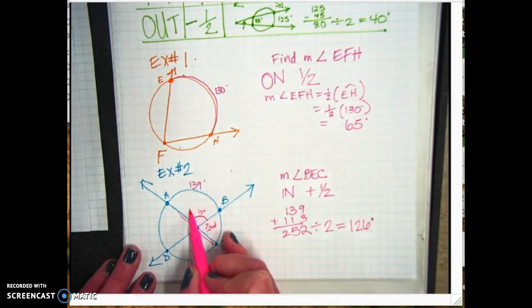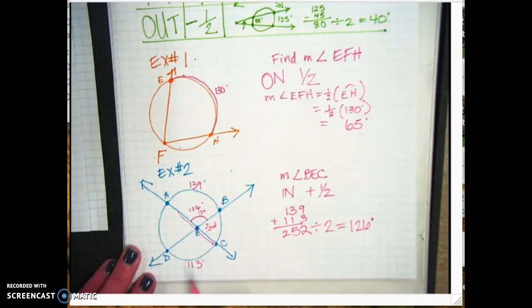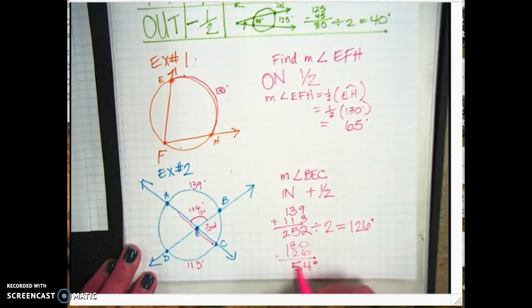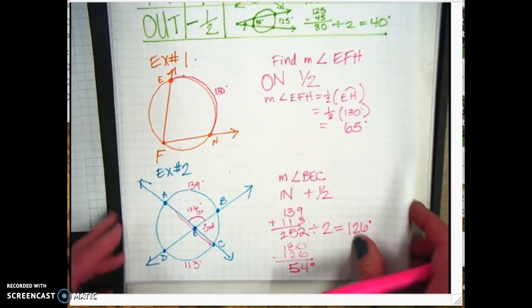Okay, so this angle right here is 126. So now we actually need to get the measure of angle BEC. So we're going to take 180 minus the 126. Punch it in the calculator. I got 54 degrees. Okay? Any questions on example number 2 there?